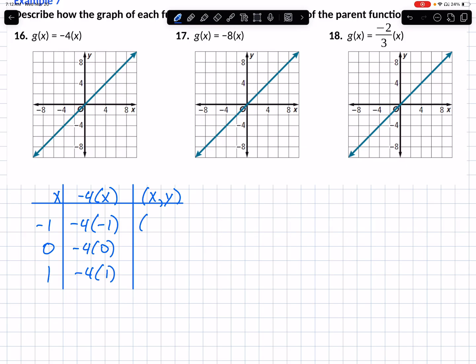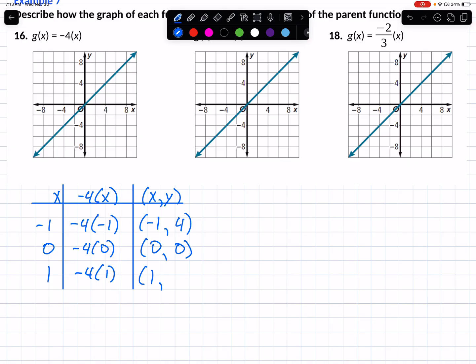So making our ordered pairs here, the x values are -1, 0, and +1. So if we multiply right here, -4 times -1, we get +4. If we multiply -4 times 0, we get 0.